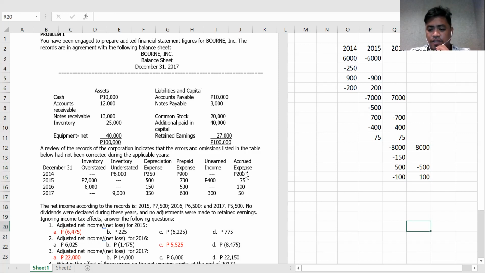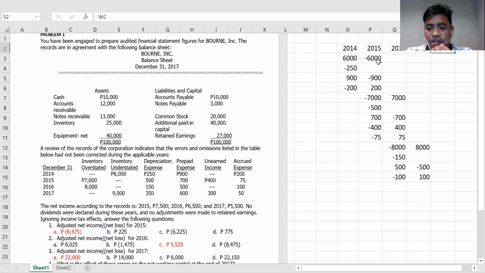Okay, so let's have the 2017 error. For 2017, ending inventory is understated. Only the errors for 2017 will affect our working capital, okay?